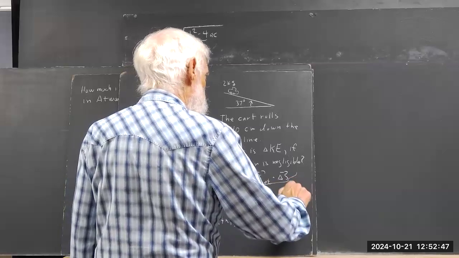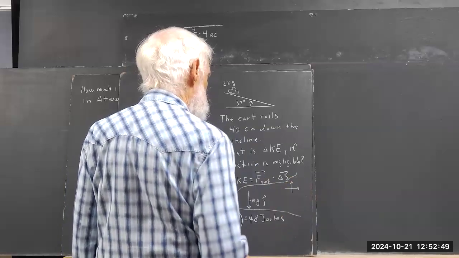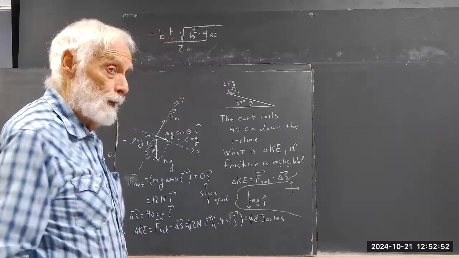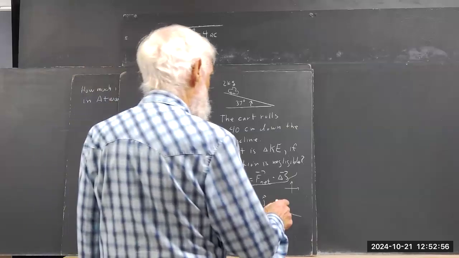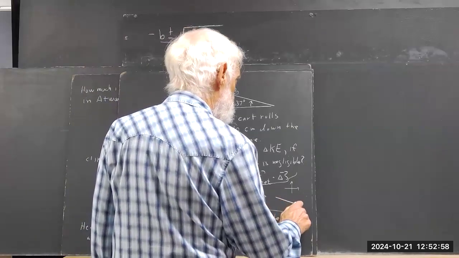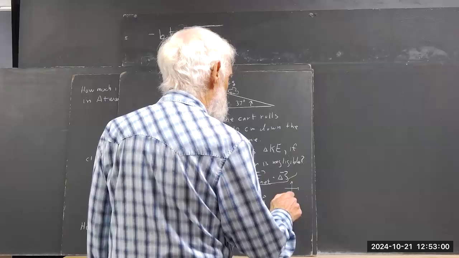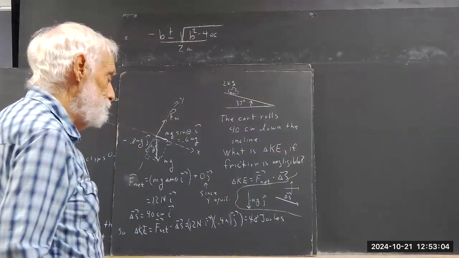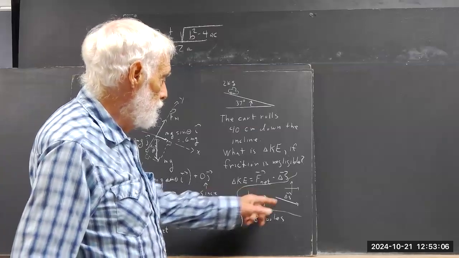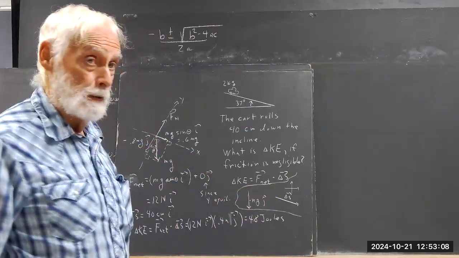Now here I'm using just a vertical horizontal coordinate system. You do negative mgj, and your delta S. Take the dot product of these, and you're going to have the same result that you have here.